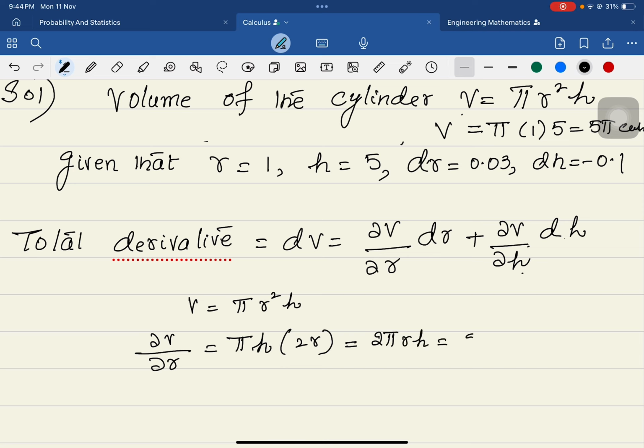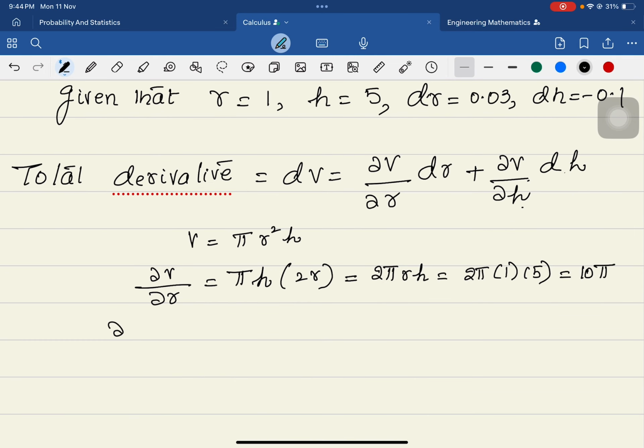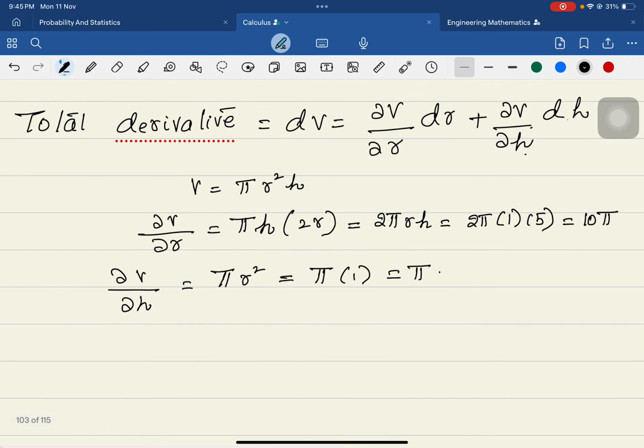We plug in the values of radius and height, 1 and 5, that is equal to 10 pi. Now let us find dou V by dou h. The constants are pi r square, the derivative of h is 1, and substituting r equal to 1, dou V by dou h is equal to pi.